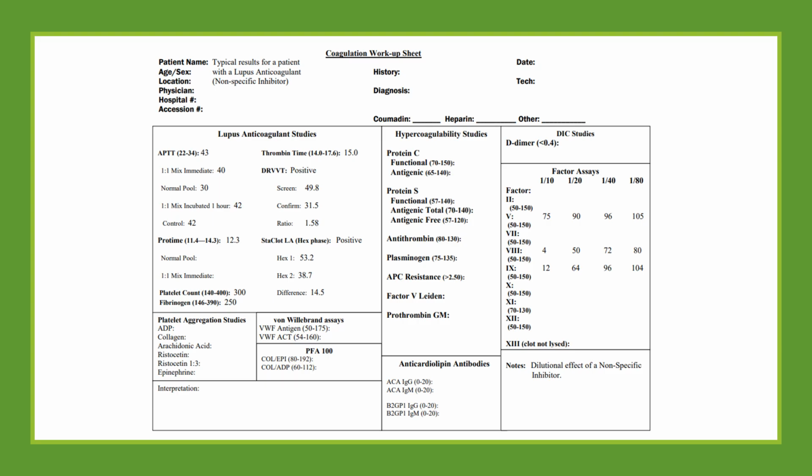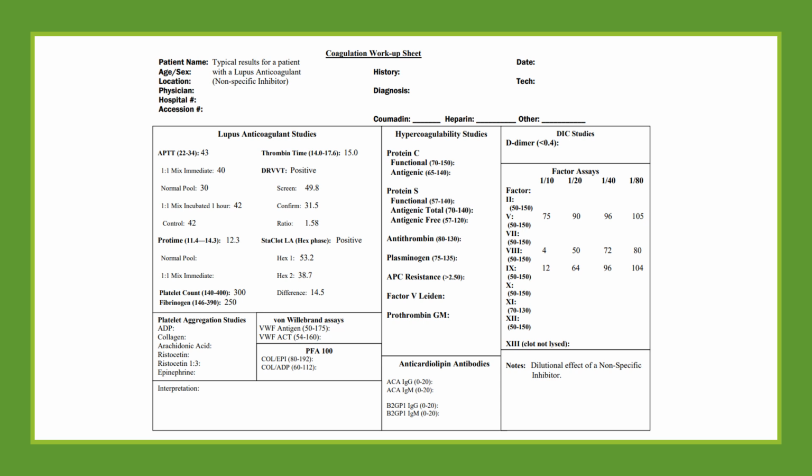And if that ratio is greater than or equal to 1.24, we would consider that positive. This ratio is 1.58, which makes it greater than 1.24. So therefore, this would be a positive DRVVT.